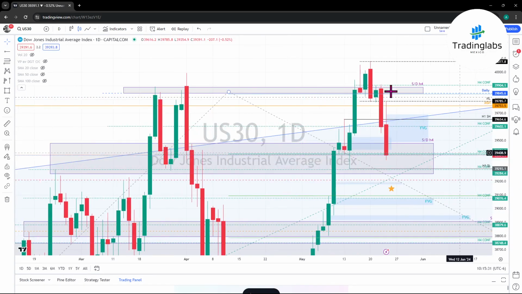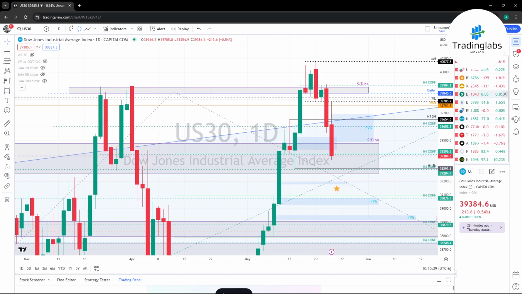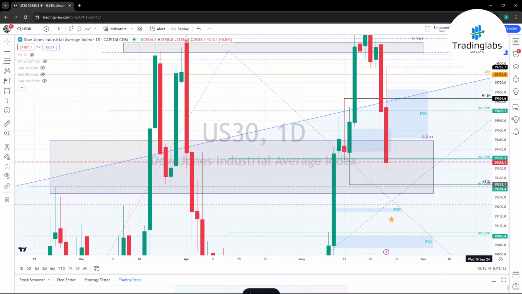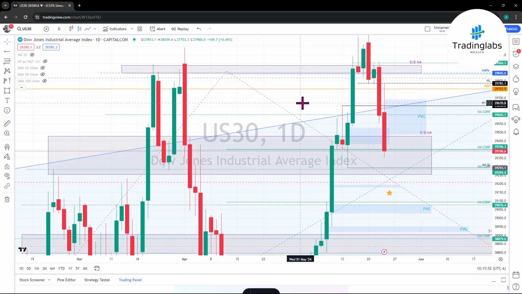So below supply, below Monday swing high, below daily resistance or support. Why are you looking for longs if we are below everything? No, you have to use your own judgment.